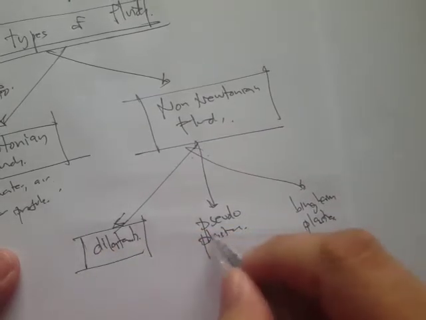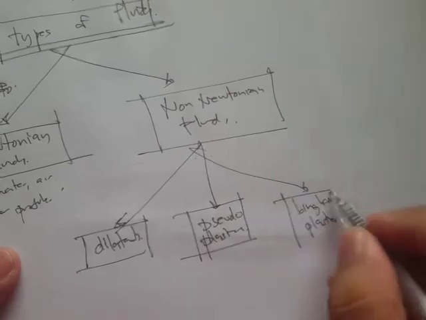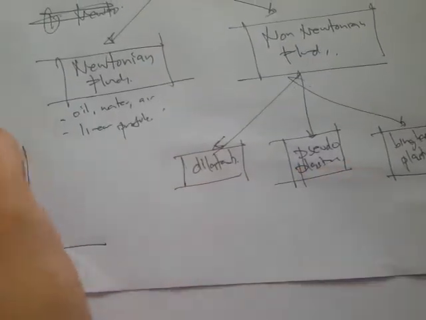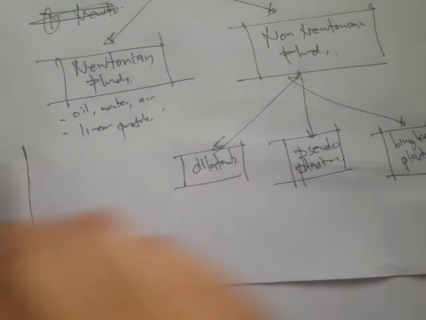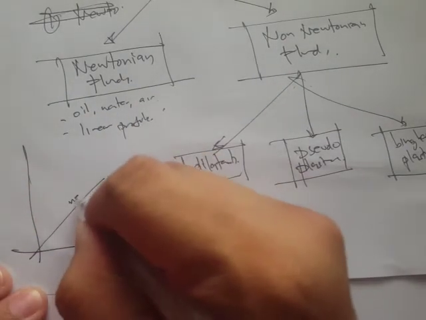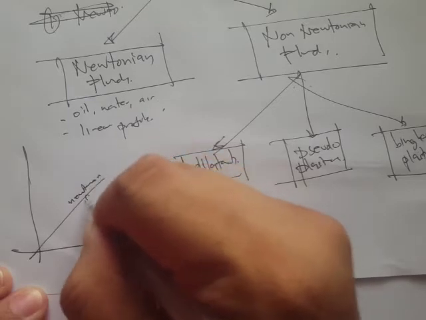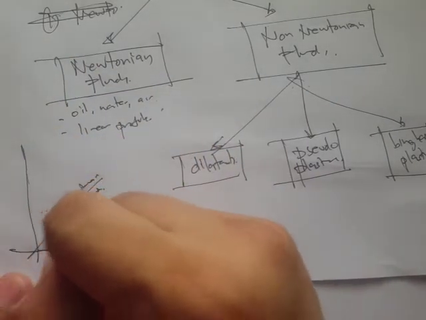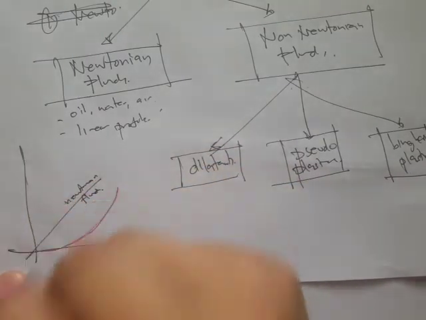Right, so if you try to draw a graph, if this is our Newtonian fluid, the dilatants would have a graph something like this, right?